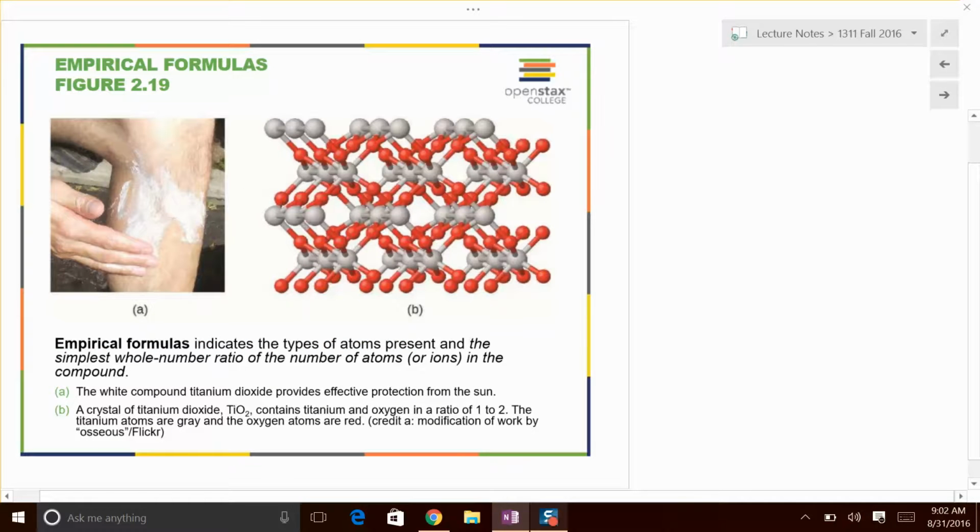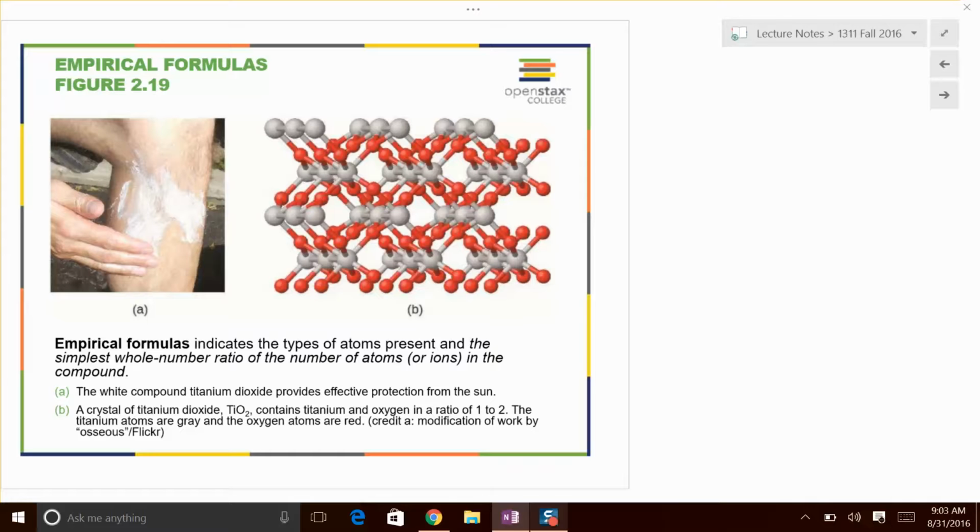Empirical formulas are molecular or ionic formulas that are written in their lowest ratio format. You can see this titanium dioxide here.